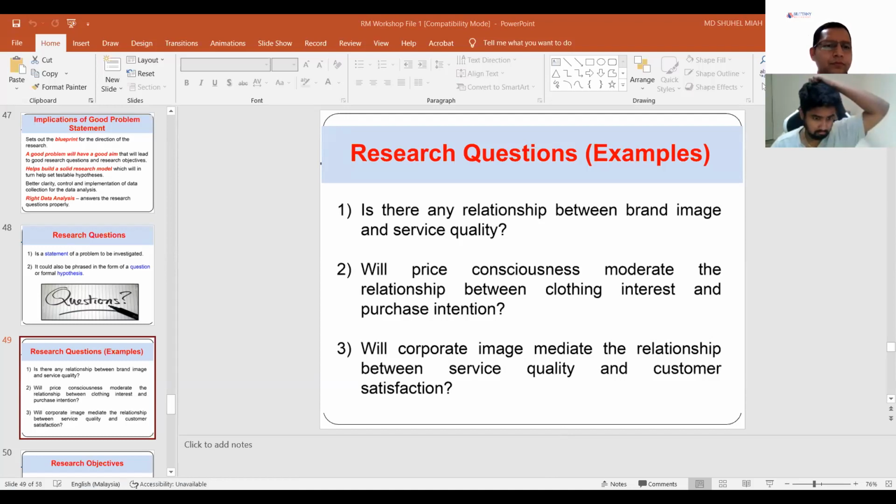Do you find RQ? RQ, yeah. So you open that file. The PDF, the objectives of study and research questions. Yes. Yeah. Just read it.